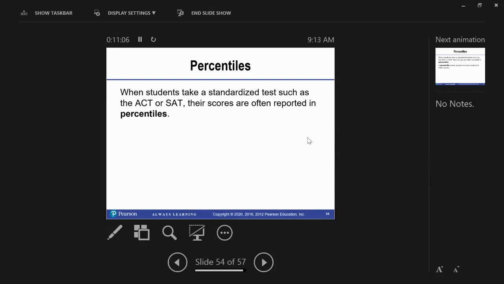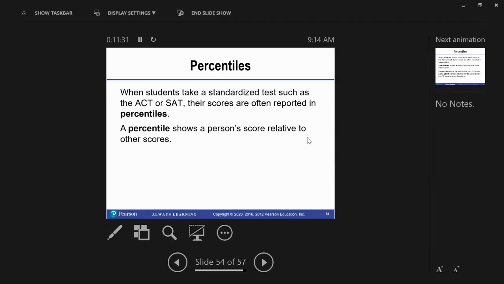All right, so we're kind of running out of time, but I wanted you to at least see percentiles. This was not something we have to cover, but I wanted to at least touch on it because do you remember as a student getting scores back or being told a percentile? Did you know what that means? ACT scores a lot of times are recorded in percentiles.